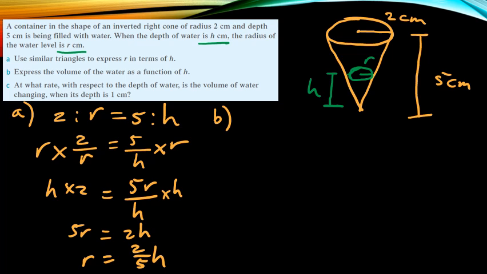Then part B. Express the volume of the water as a function of h. Now, if you're not entirely sure of your volume formulas, I'm going to give you guys the year 12 formula sheet, which has all of the formulas on the top. Now, the volume of a cone is 1/3 of a cylinder.